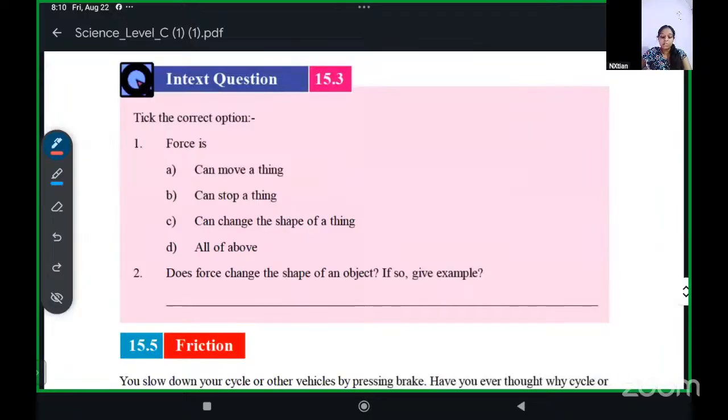Take the correct option. Force can move a thing, stop a thing, change the shape of a thing, or all of the above.